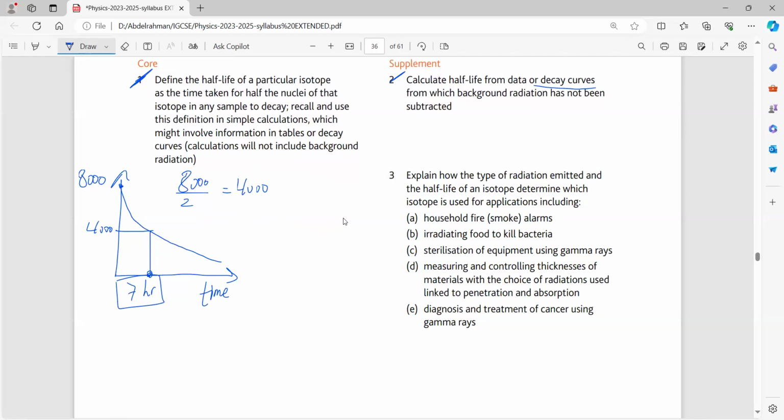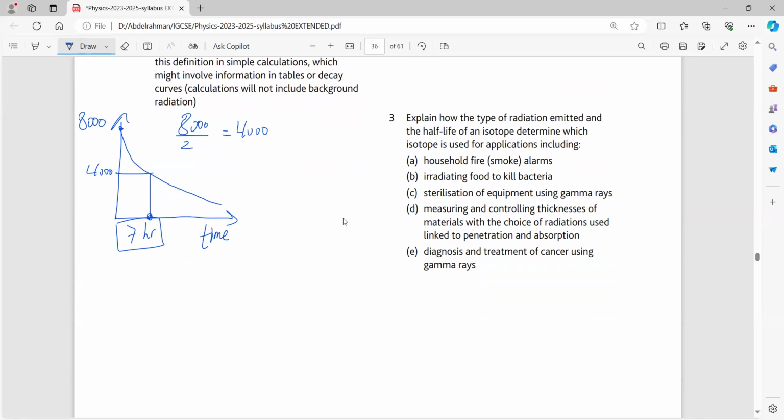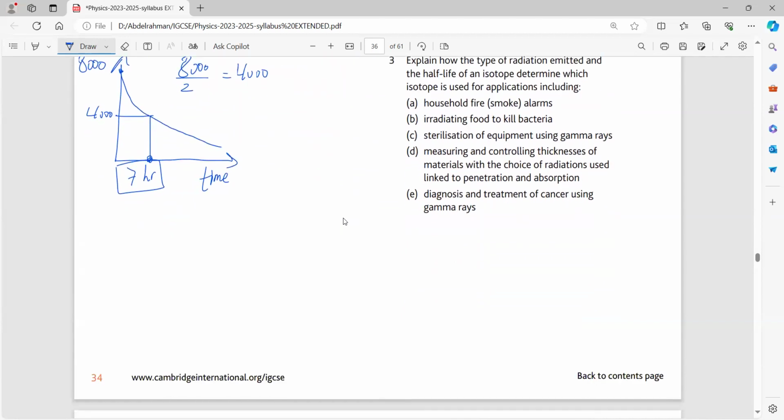This is very simple. The harder part is if you have some background radiation. It would be the same curve, by the way. But for example, the initial count rate was, let's say, 560, and I told you that there's a background radiation of 40.